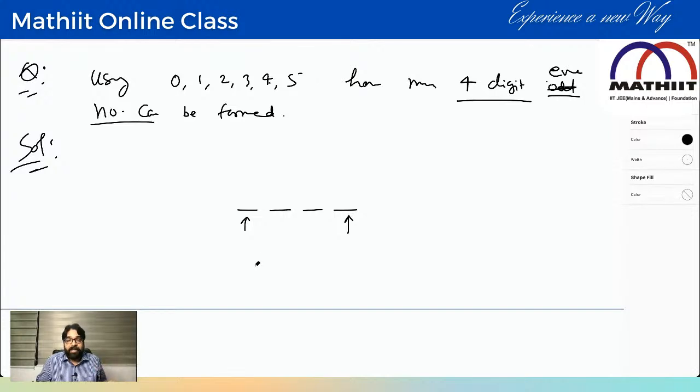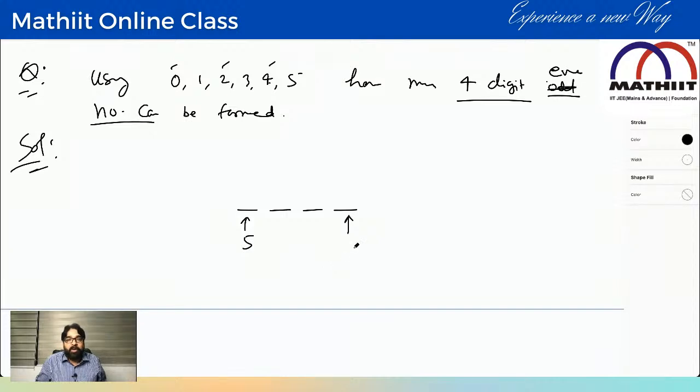Think carefully. If I start with this place, then what will happen? There may be 5 ways. Which came here, I do not know. If I start from here, then here either 2 has to come, or 4 has to come, or 0 has to come.